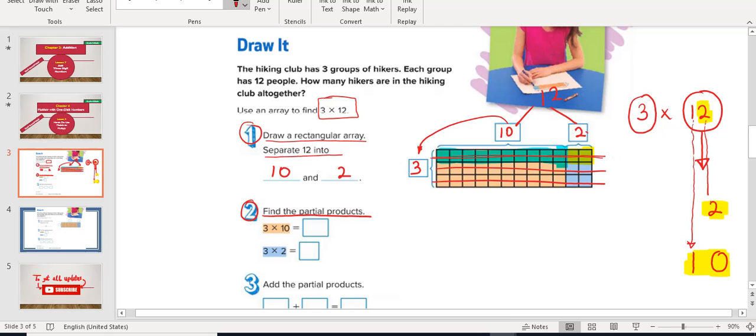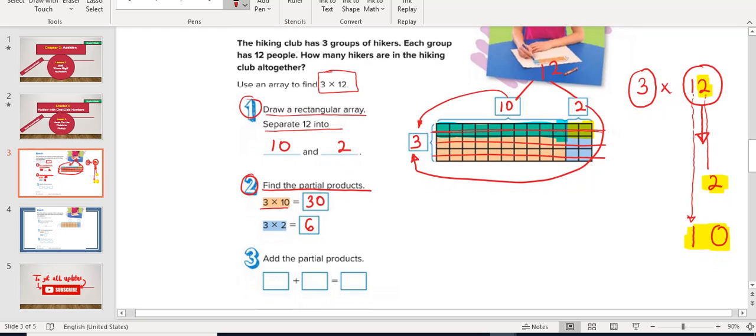We multiply 3 and 10, then 3 and 2. So we have 3 times 10, which is 30, and 3 times 2, which gives 6. So this is a partial product. Now the results will then be added. So you have 30 plus 6, which gives 36.